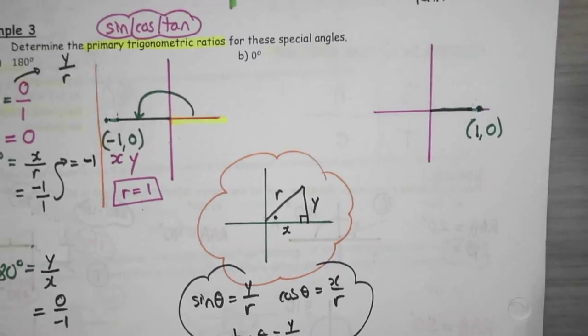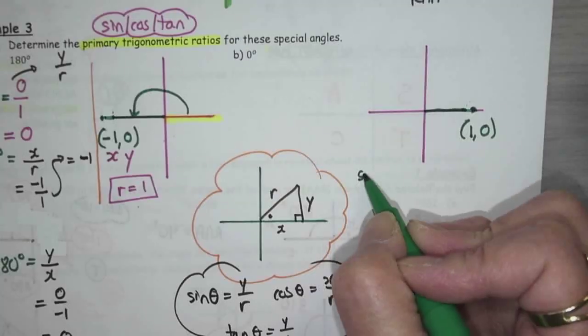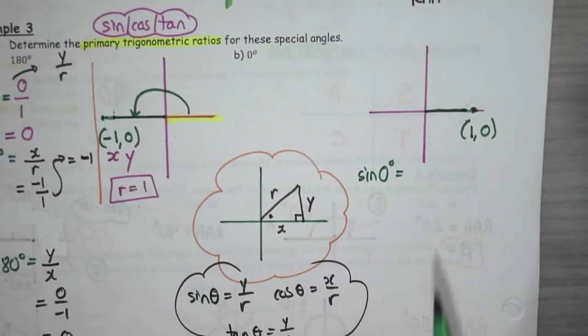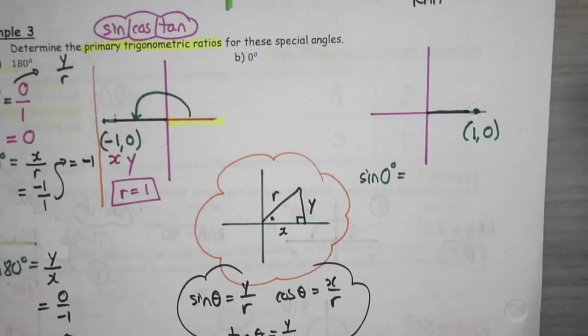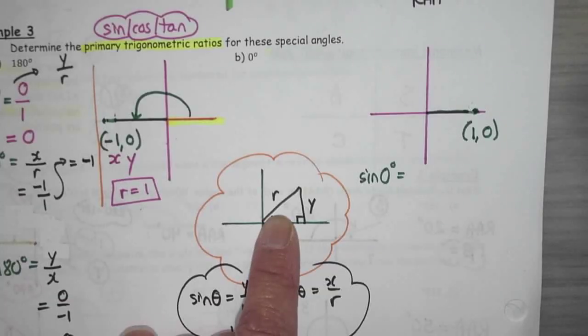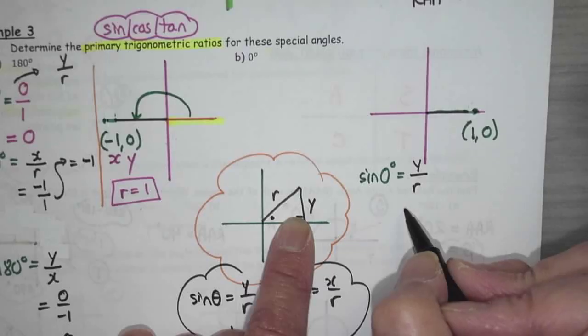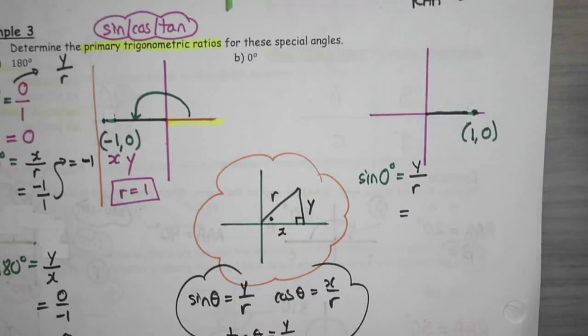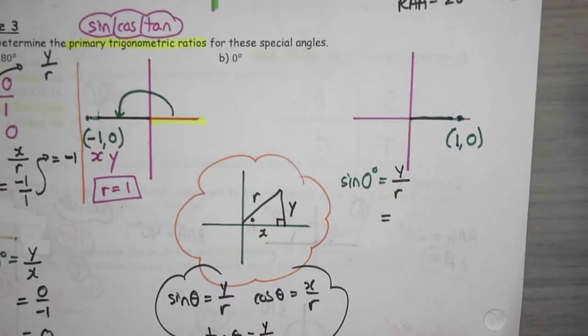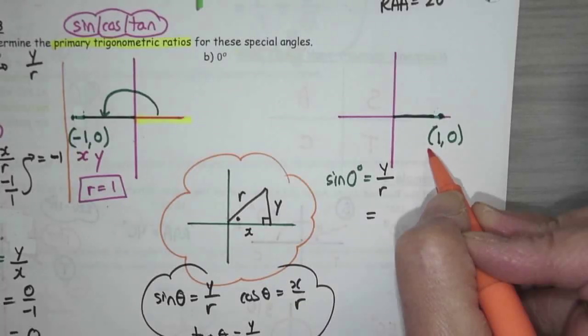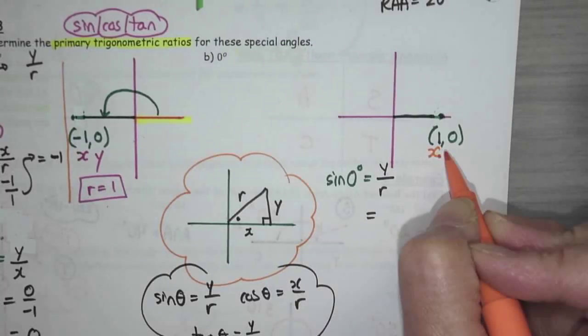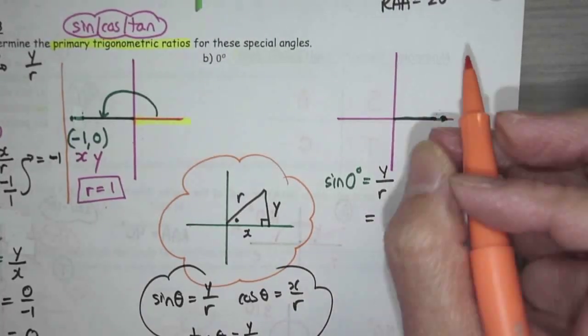All right, so we're going to do sine of 0. Sine of 0 equals y over r. So I'm going to write the formula: y over r. How do I get the y and the r? One more time. This is x. This is y. What's r?